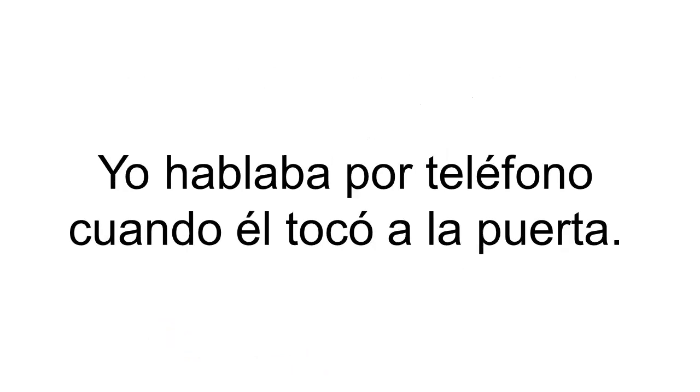And our answer is, yo hablaba por teléfono cuando, so we use the word cuando for when, yo hablaba por teléfono cuando él tocó a la puerta. I was talking on the phone when he knocked on the door.